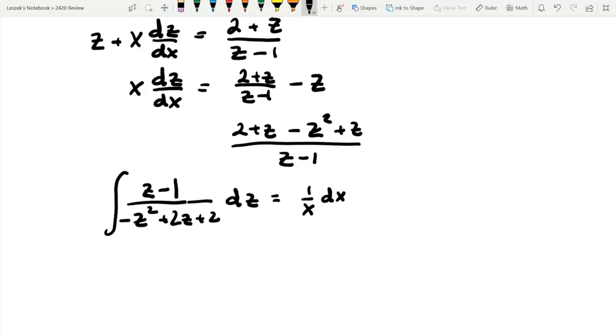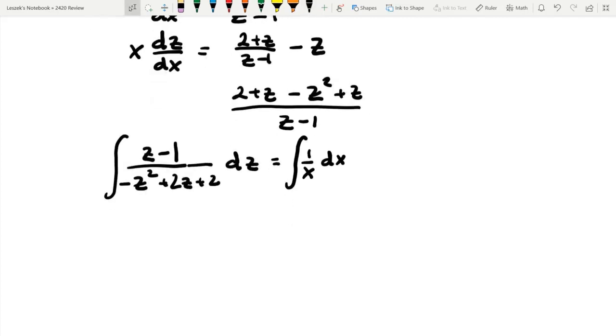So two differentials are equal. The antidifferentials are equal up to a constant. So this looks like it's some sort of log.